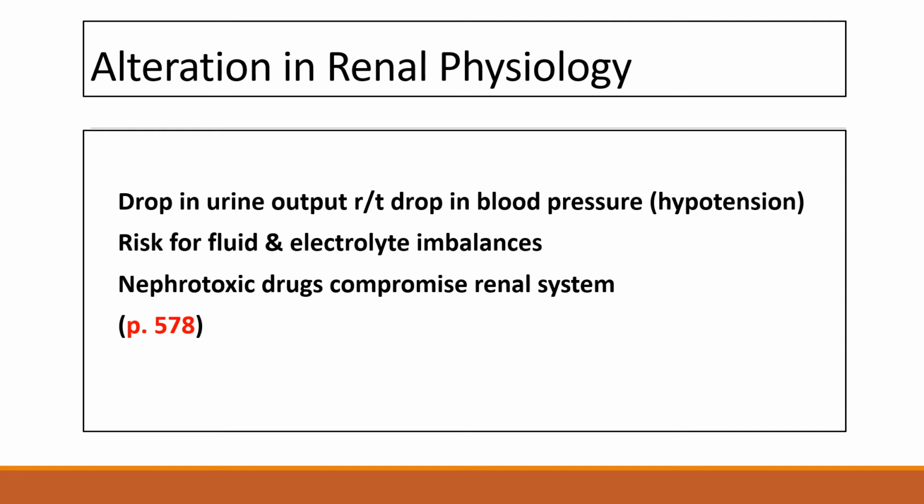Remember, if there is a decrease in blood flow to the kidneys, a drop in renal perfusion, then the kidneys cannot filter any type of medications that are broken down in the kidneys. So this can lead to toxicity and can be detrimental to the baby. This is also covered on page 578 of your textbook, where it talks about alteration in renal physiology. Okay.